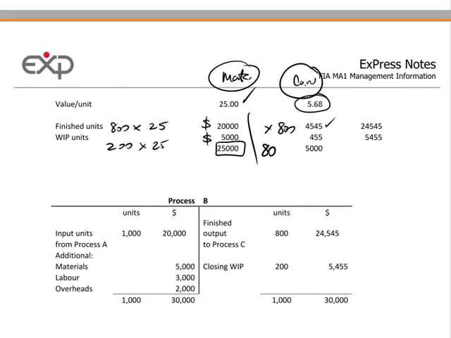Each equivalent unit has a conversion cost associated with it of $5.68. If we multiply that, we will come up with $455 worth of conversion cost value, which is built into those partially completed units. There may be some rounding differences here, but that doesn't disturb us. The total still has to reconcile to $5,000.